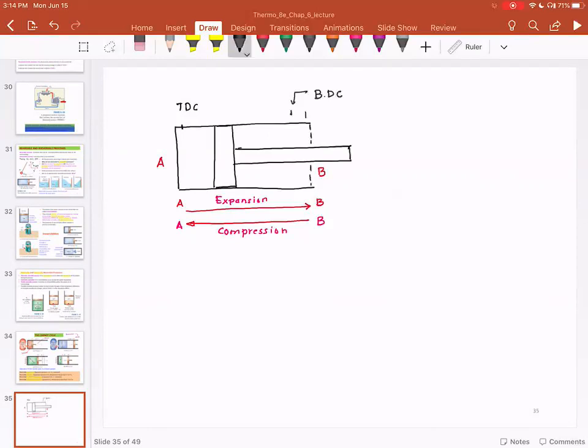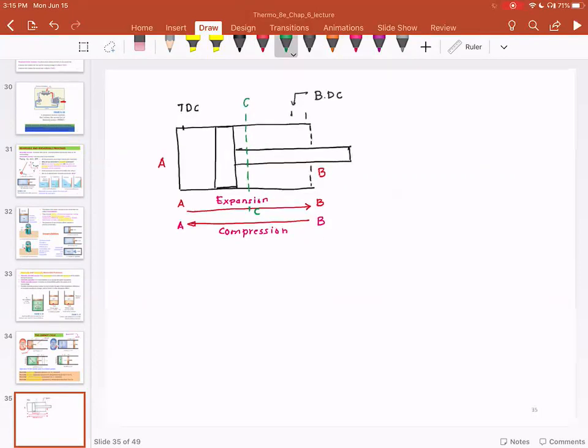So this expansion process is divided into two parts. So it goes from A to C and then goes from C to B. So C is somewhere over here. Now imagine this piston goes very slowly.